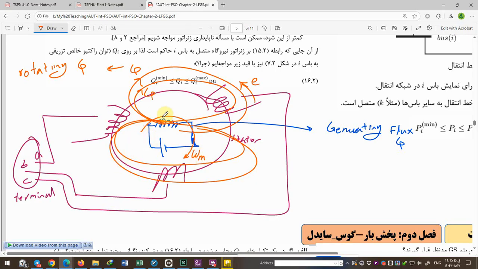The generating flux rotates with the speed of omega m, and this rotating flux makes an induced voltage over the windings on the stator.